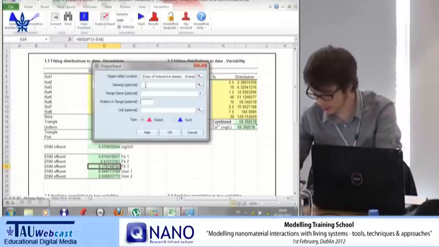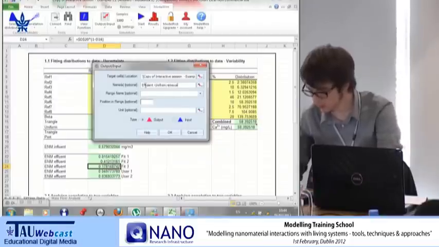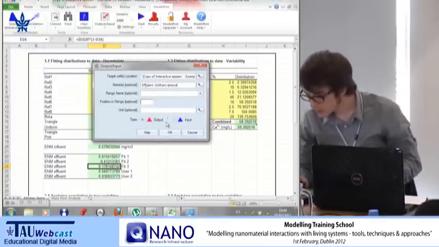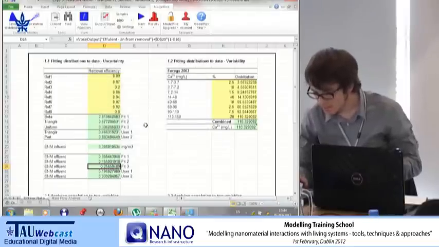We put effluent, uniform removal, that's an output.